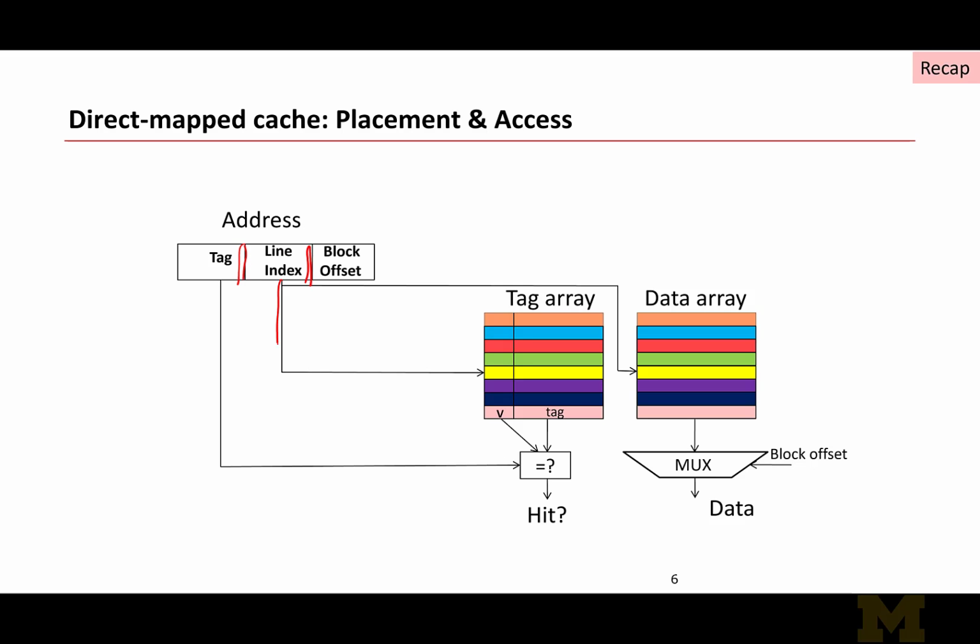The line index would be used to decode, and it selects exactly one position in the tag array, and then a given tag would be compared to that tag, exactly one comparison, and if it is a hit, then the data corresponding to that cache line would be obtained, and then the block offset would select the necessary part of that cache block. So if the block offset is 0, you grab the 0th byte. If the block offset is 1, you grab the first byte, and so on.